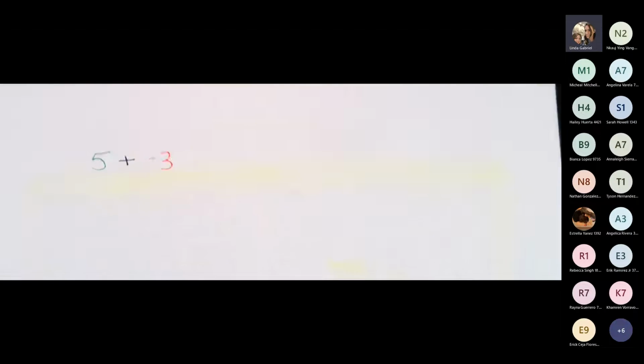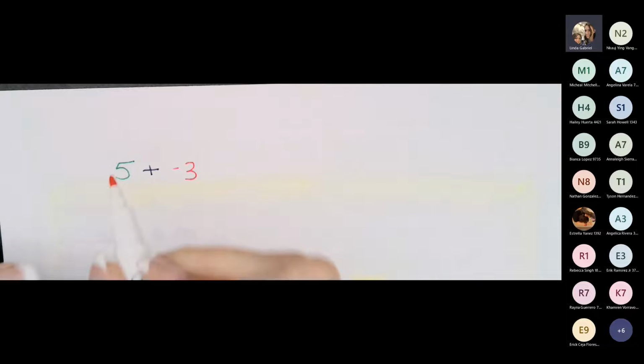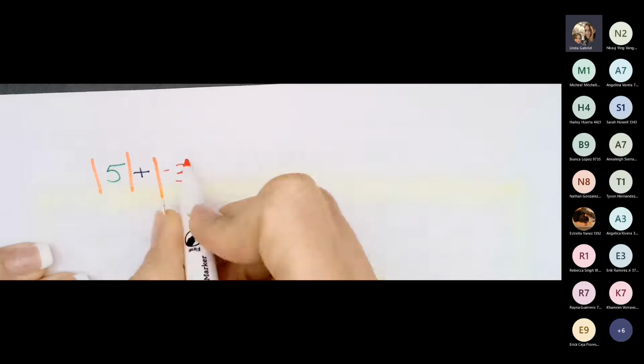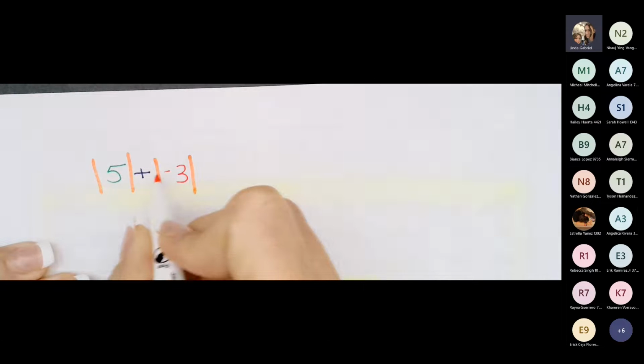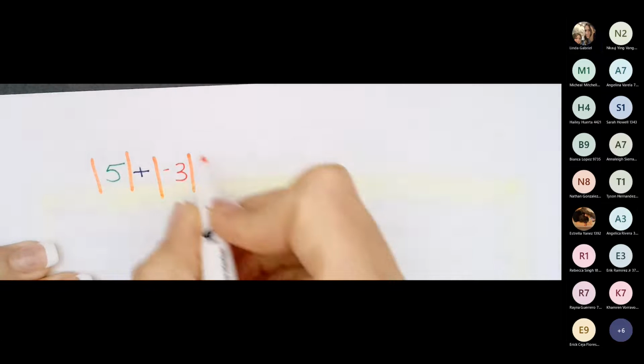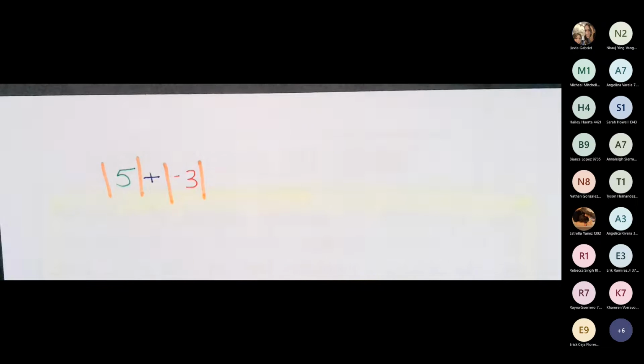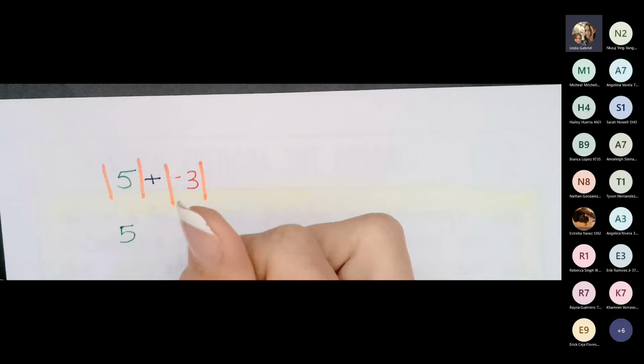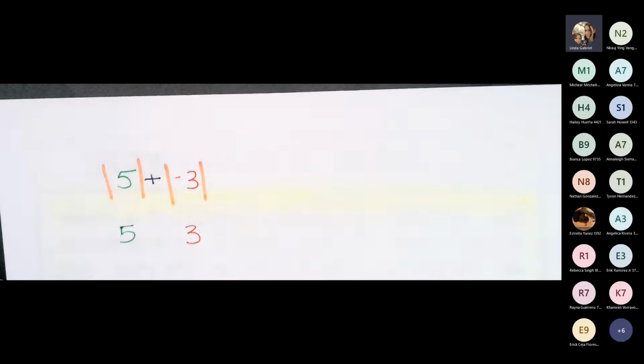Okay, you guys can answer in the chat for your extra credit, but I'm going to answer this one first. I'm going to show the work here. So I have positive 5 plus negative 3. So I'm going to find the absolute value. Remember the symbol here. I put 2 lines. You can think about it as like a large equal sign, like being equal to its whole value. Okay, so my absolute value of 5 will stay 5. My absolute value of negative 3 is going to be 3.